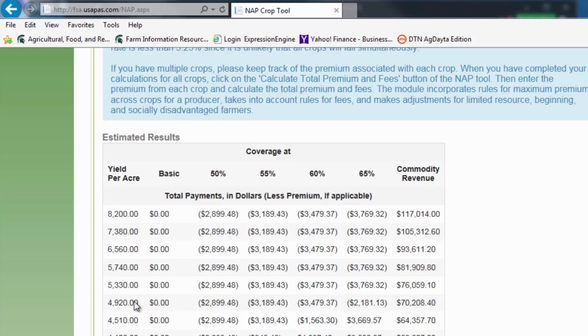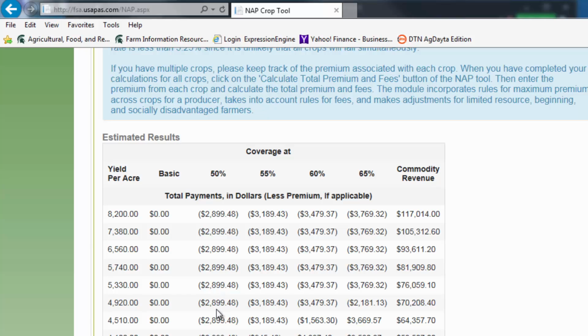And then as we start to decrease here, in this case 4,920, you see this number here is smaller than your premium. What that means is you've gotten some payment that's paid back the difference between your premium level and this amount here. As we get down to 4,500 pounds of your insurable yield, you see that not only have you paid off the whole premium here, but you've also received a payment of $36.69.